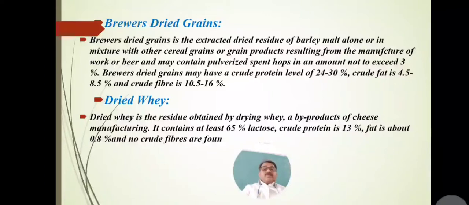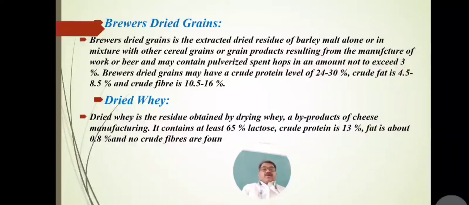Brewer's dried grain is the extracted dried residue of barley malt alone, or in mixture with other cereal grains or grain products resulting from the manufacture of wort or beer, and may contain pulverized spent hops in an amount not to exceed 3%.